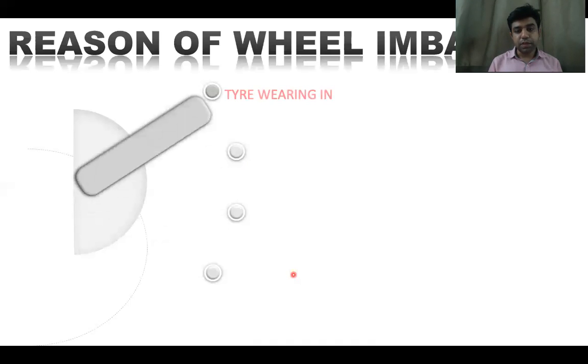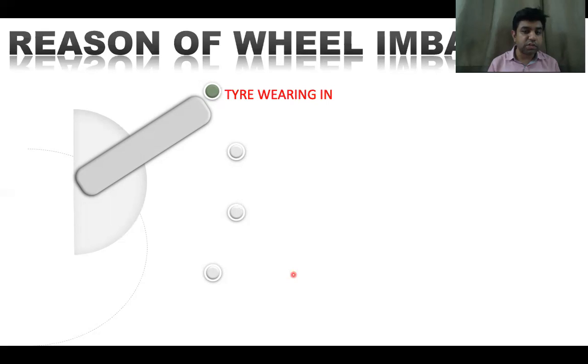Now let's have a look at the different reasons for the development of wheel imbalance. The prime reason for a wheel getting imbalanced is the wear condition. If the tire is unevenly worn out, then it causes imbalance in the wheel. Sometimes it might happen due to excessive running of the vehicle.